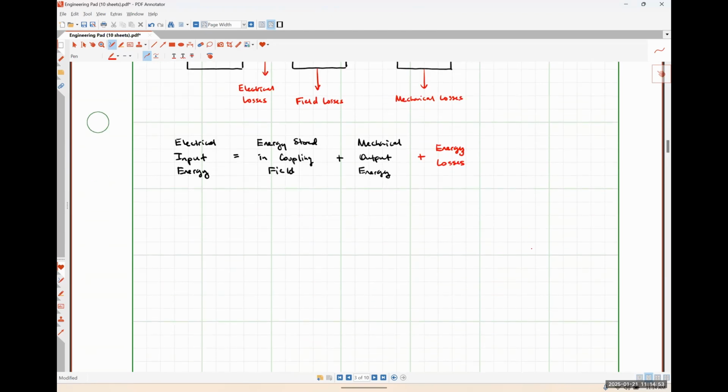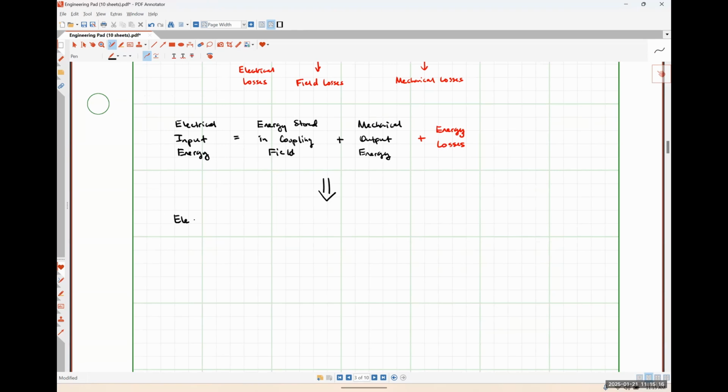So we can rewrite this equation a little bit by effectively distributing losses, okay? So if we wanted to, we could write this as, let me just put an arrow down here, like so.